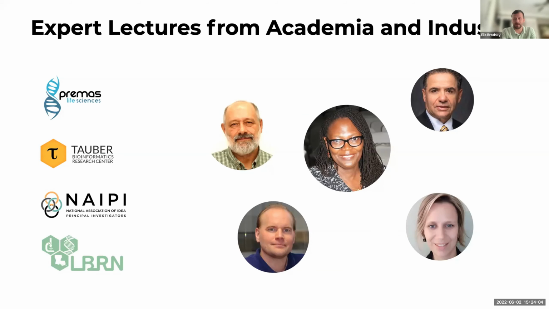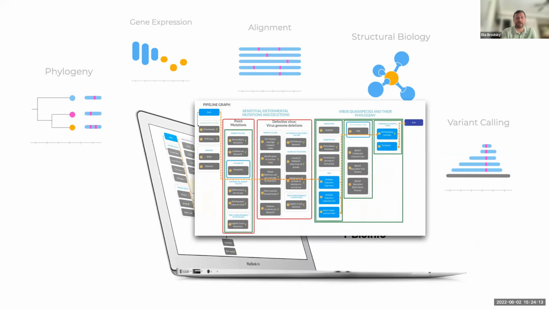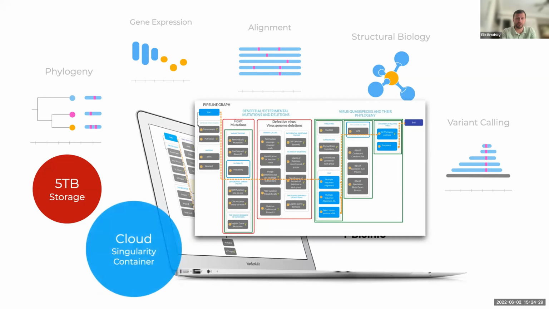And so because of that, this program comes with another important resource called the T-Bioinfo Analytical Platform. Now, the platform offers a semi-guided experience where you have a number of predefined paths that connect independent scripts into a pipeline. And they come with a lot of computational resources. For example, every account will come with 5 terabytes of storage.